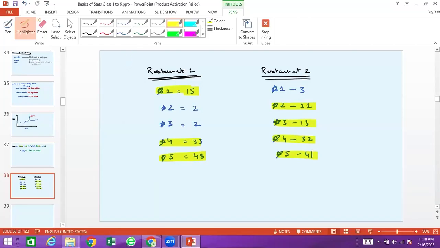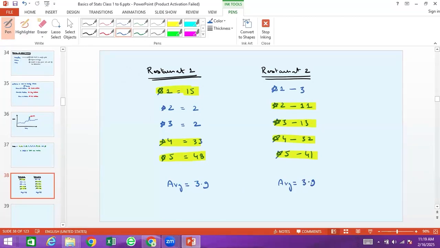But if you look at the averages, these numbers that I have put are not random. I have put those numbers in such a way that the average of restaurant 1 will come out to be 3.9, and the average rating of restaurant 2 will also come out to be 3.9.